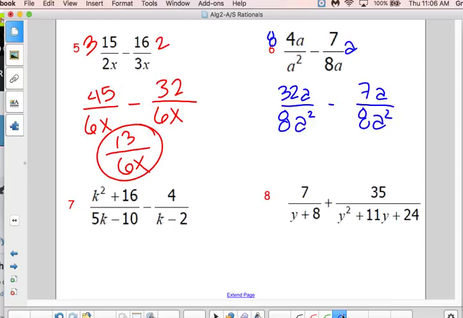Now what can we do? Subtract. So 32a minus 7a. Denominator stays the same. Can we simplify this one? Yeah, the a's can cancel. 25 and 8, nothing goes into them, but those a's can cancel.